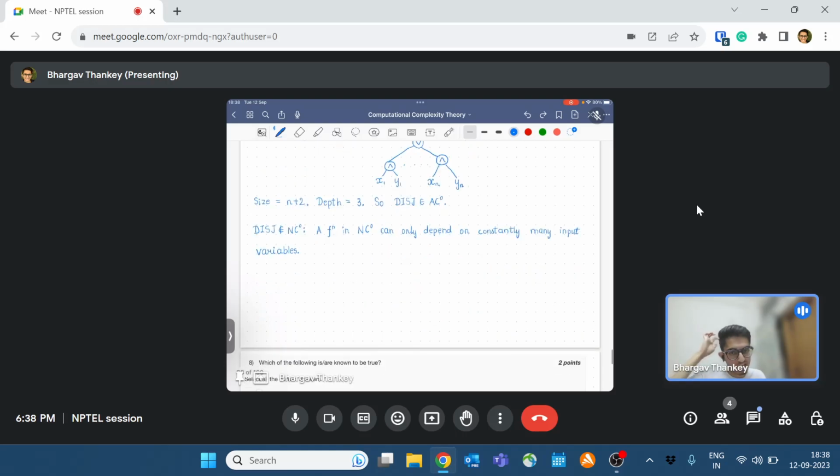In particular, what I'll do is I'll show that it depends on all the variables. Disjoint depends on, that's fine.